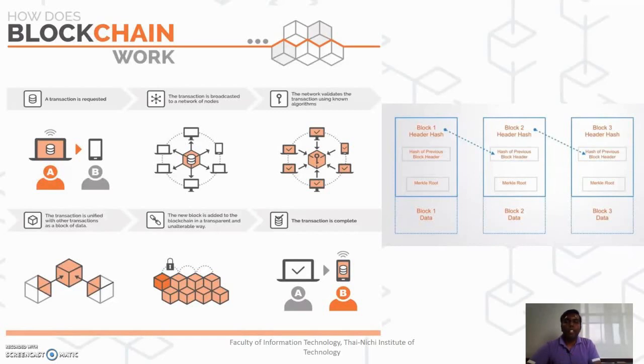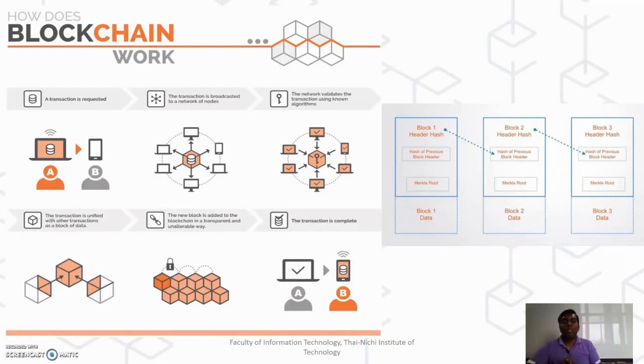If the transaction is not getting validation from a particular set of nodes, or a maximum number of nodes reject it, it is not included. If the transaction is successful, it will create a new block and add it to the blockchain.